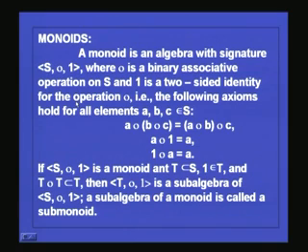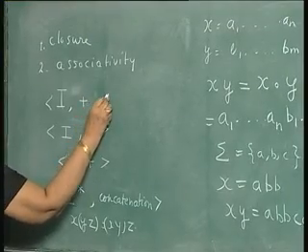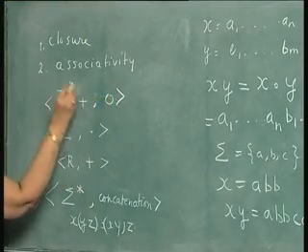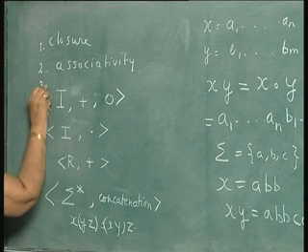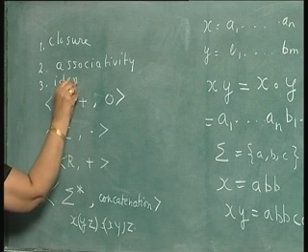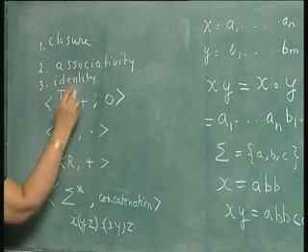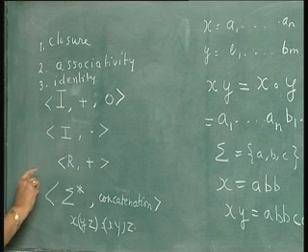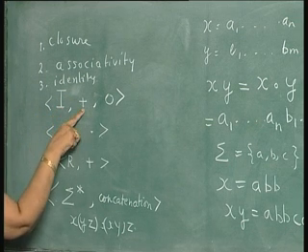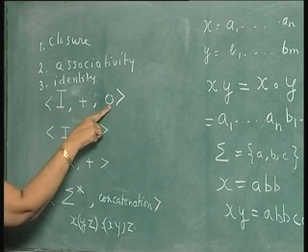Examples of monoid are, again we have taken the set of integers plus, the identity element for this is 0. So, the third property of identity also you take. This has a structure like this, a carrier, a binary operation which is associative, and then an identity element.